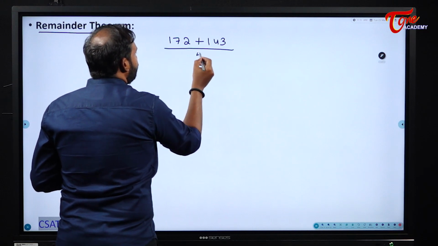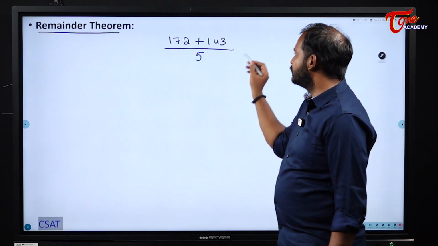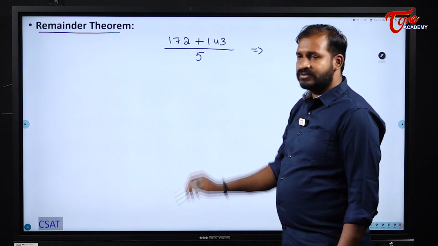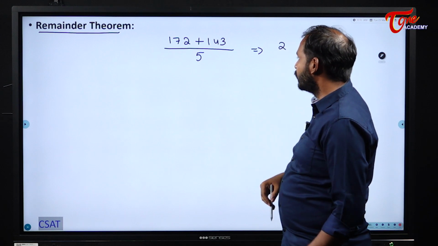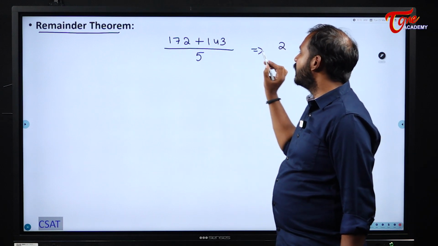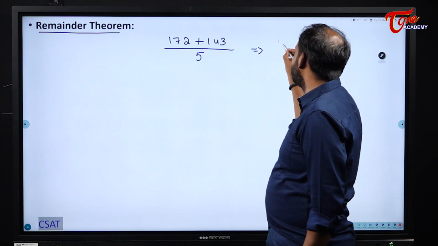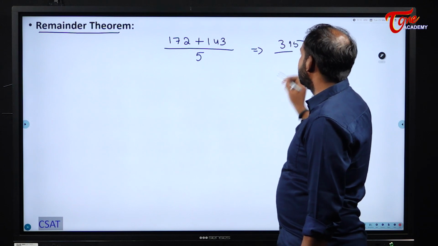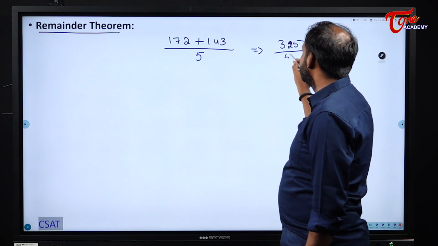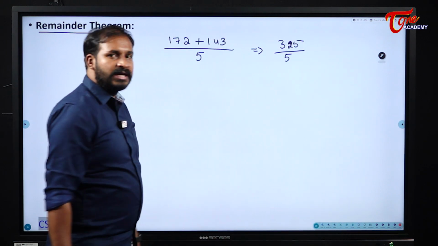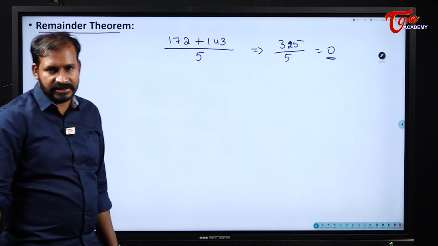What do you get here? 315. 315 by 5 is exactly divisible, and the remainder for 315 by 5 is 0. So you will say that your answer is 0.